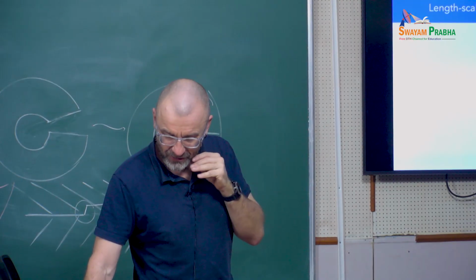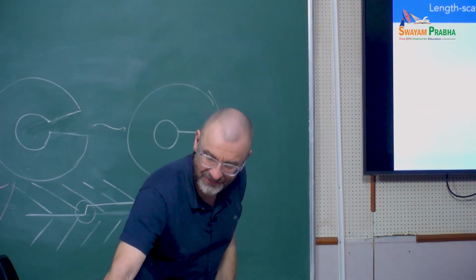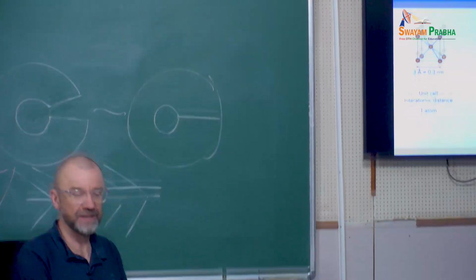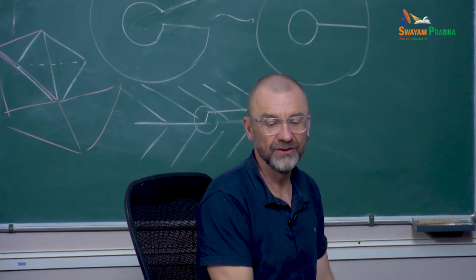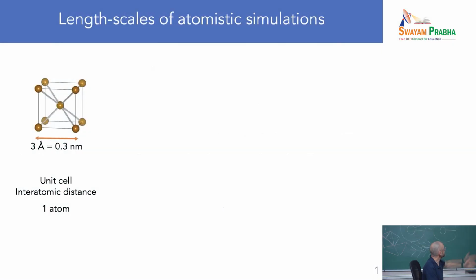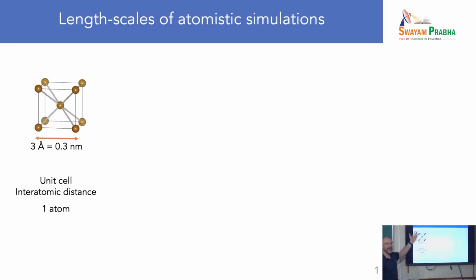Before we talk about potentials, the length scales. We've already talked about the smallest length scale, which is basically the unit cell. The size of a unit cell will depend on the system, but it's going to be on the order of half a nanometer, roughly, right? So that would be the smallest length scale that we are interested in. And it contains one or a few atoms.